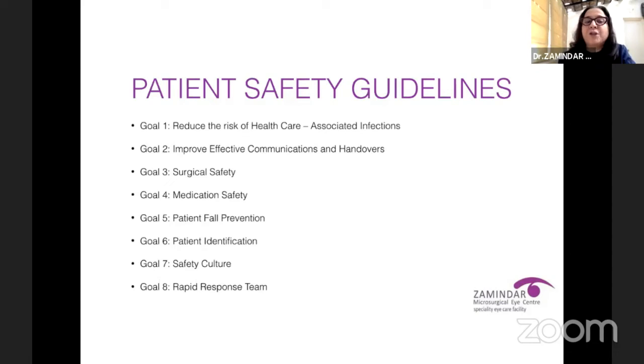Third, surgical safety. Goal 4, medication safety. Goal 5, patient fall prevention. Goal 6, correct patient identification. Goal 7 is a safety culture, where all adverse incidents are reported. And goal 8 is to have rapid response teams and have risk readiness for any risk which the organization might face.